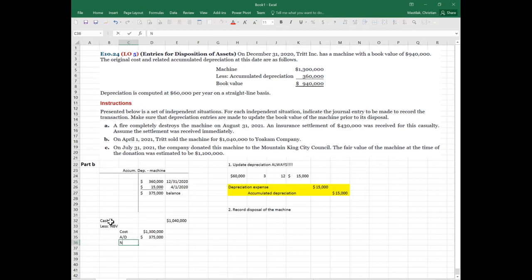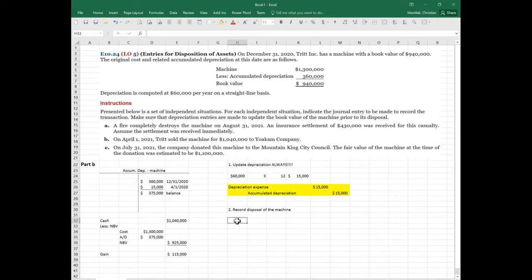So our net book value is $925,000. And so if we have a net book value of $925,000 and we got cash of $1,040,000, then we have a gain of $115,000.